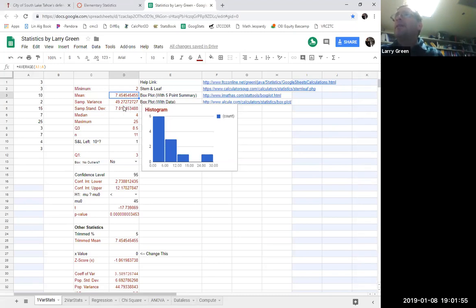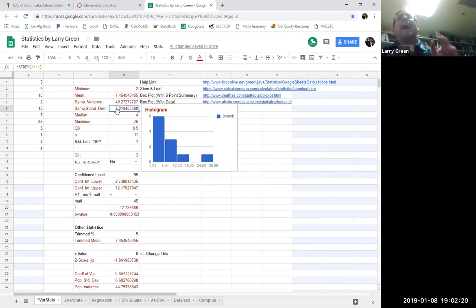Okay. Sample standard deviation. That's really important. That tells you how spread out the data is. So what we can kind of say is the mean was 7.45 or so. And we can say not everyone, of course, is at 7.45. Nobody's 7.45.